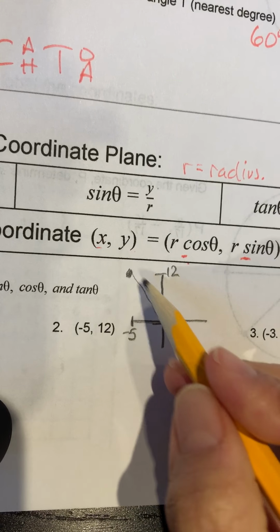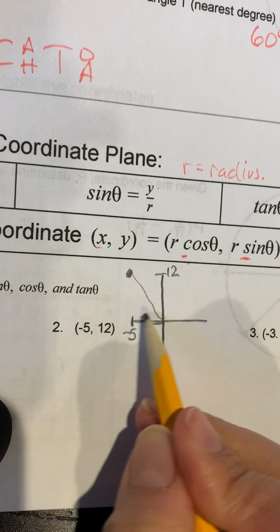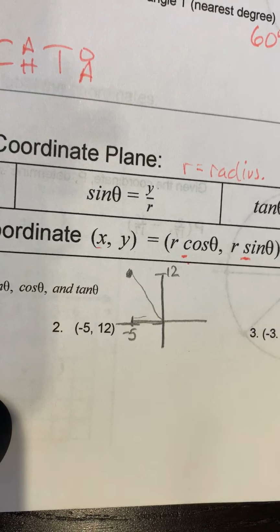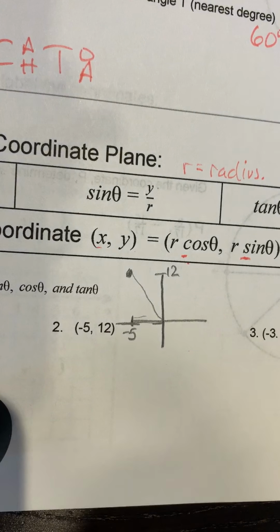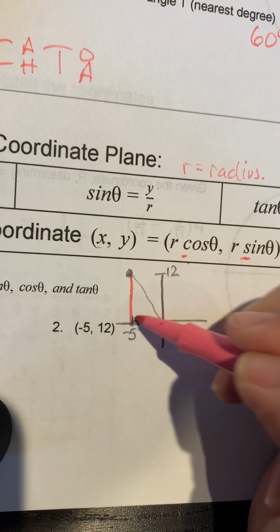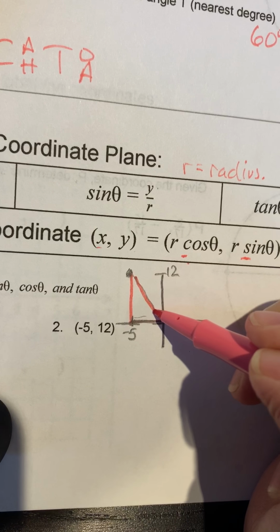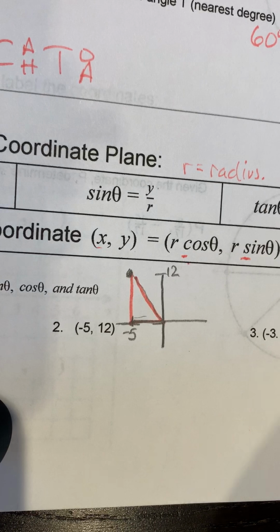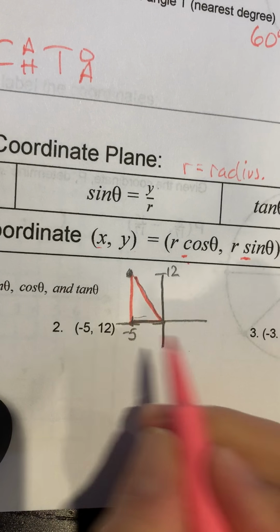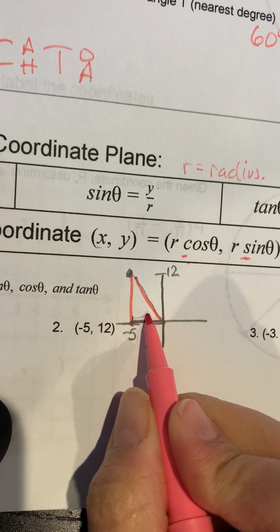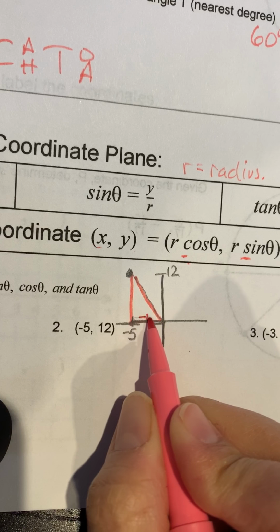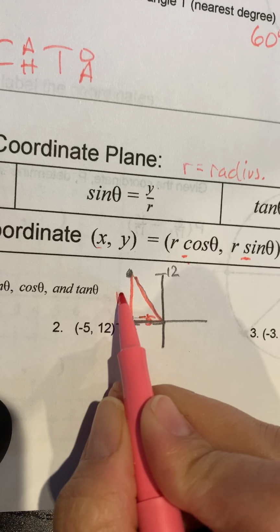And I have to make a right triangle, but it has to be one of the sides on the x-axis. So here I have it. There we go. So now all I got to do is I figure this is -5, right? And this here is 12, right?